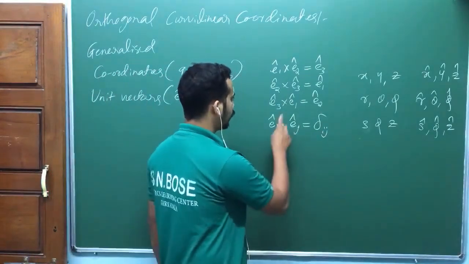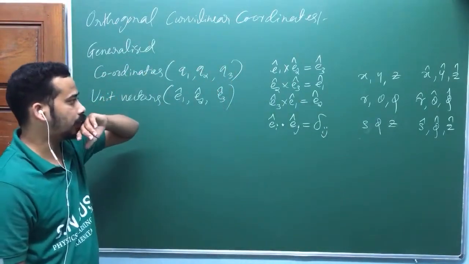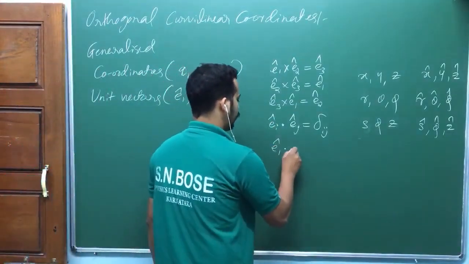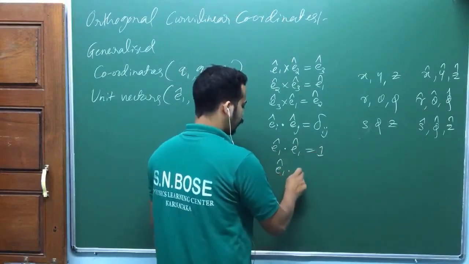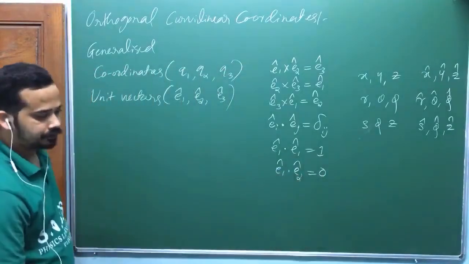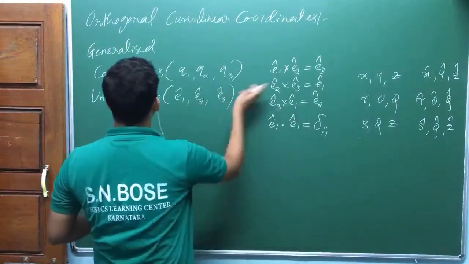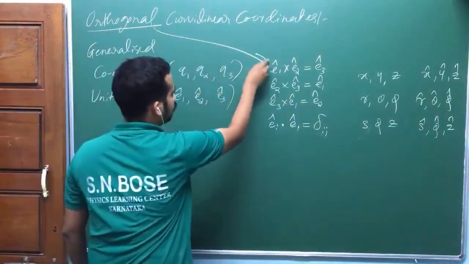If i is not equal to j, they are orthogonal to each other. In any orthogonal coordinate system, you can write this expression. E1 dot E1 is mod E1 squared, which equals 1, but E1 dot E2 equals 0. These relations are related to the orthogonality.